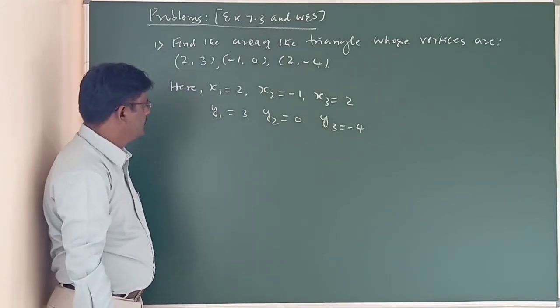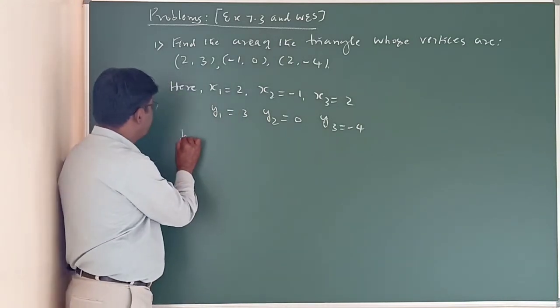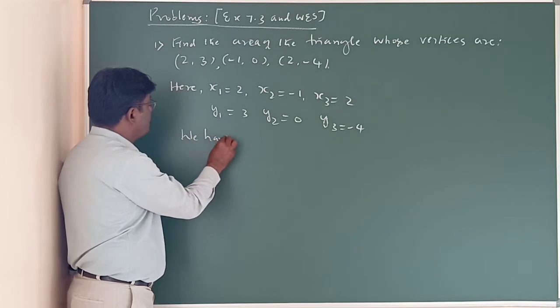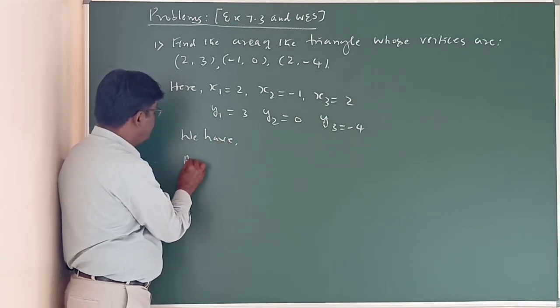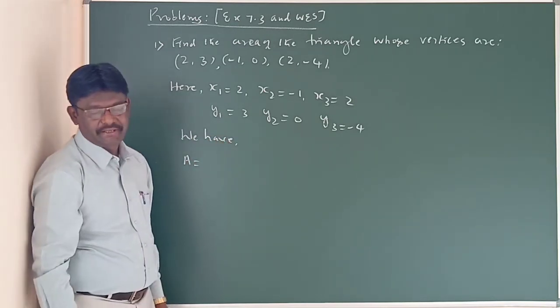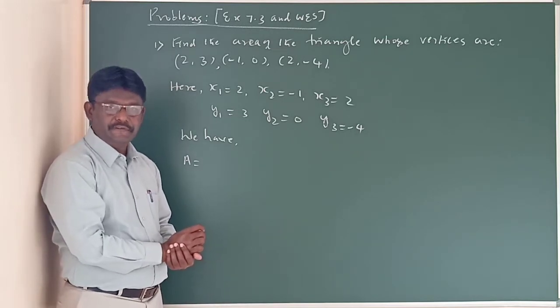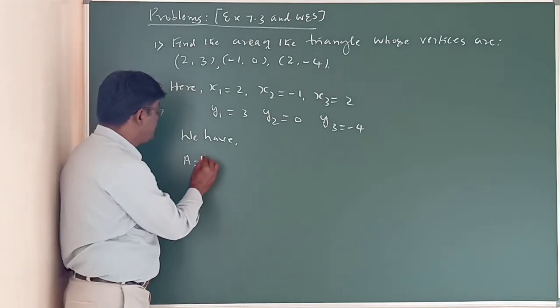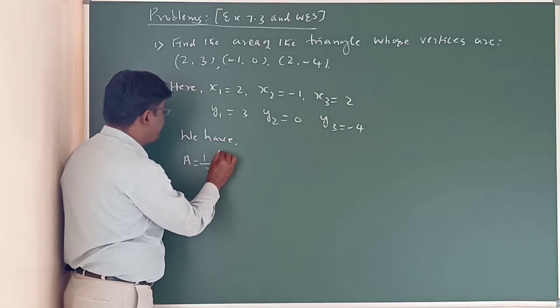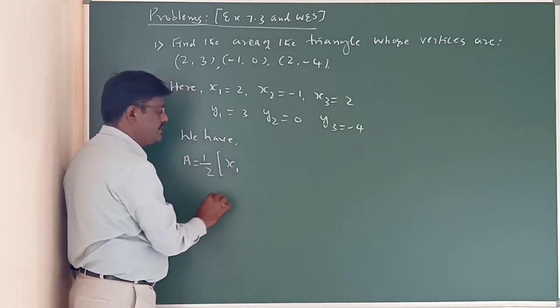Children, now we know the area of a triangle when the vertices are given. What is that formula? Half of x1, it's enough.